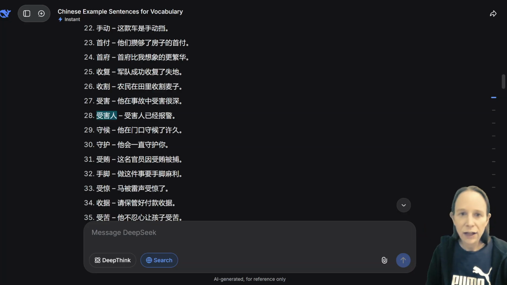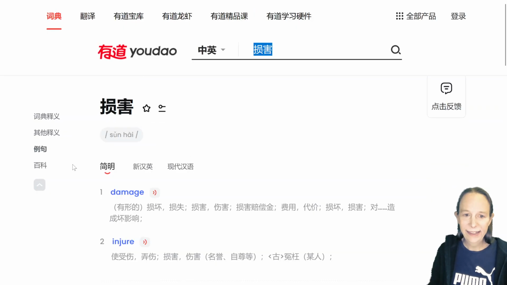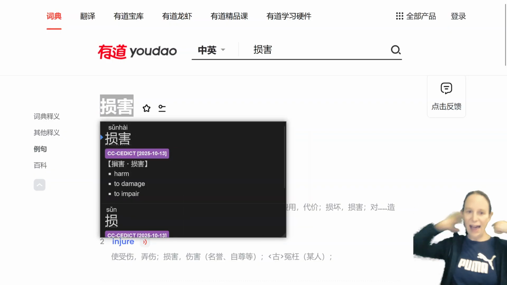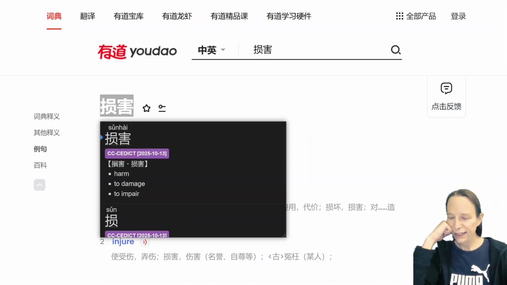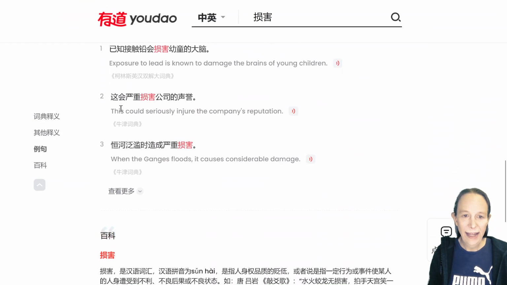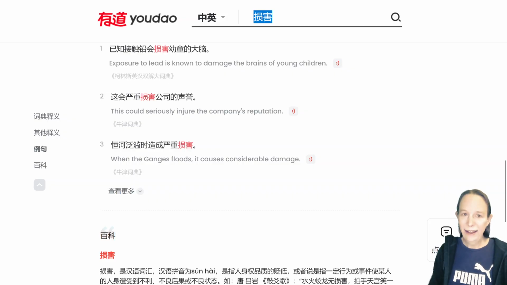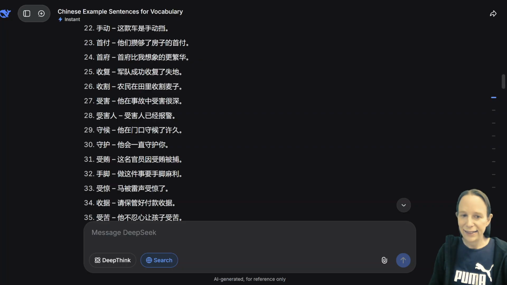A little bit different in the sense that this isn't necessarily physical harm, right? 损害. 这会严重损害公司的声誉. So seriously harm the reputation of the company. So yeah, 受害 doesn't necessarily mean physical harm.